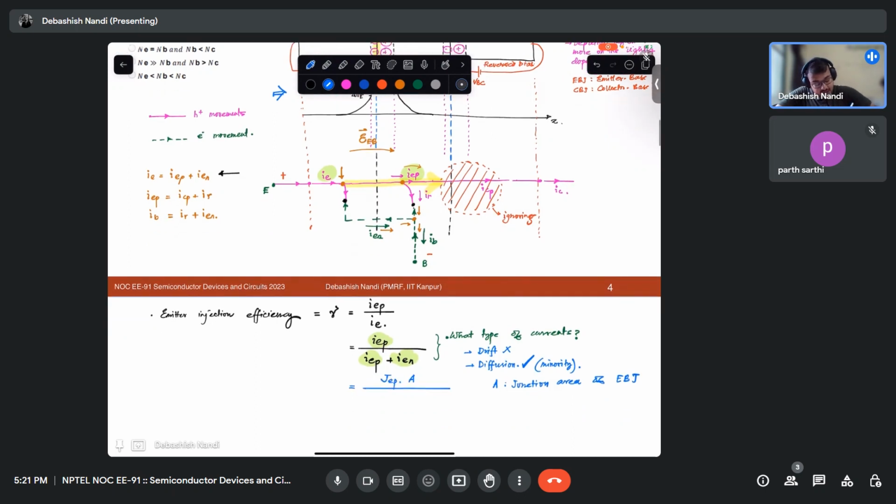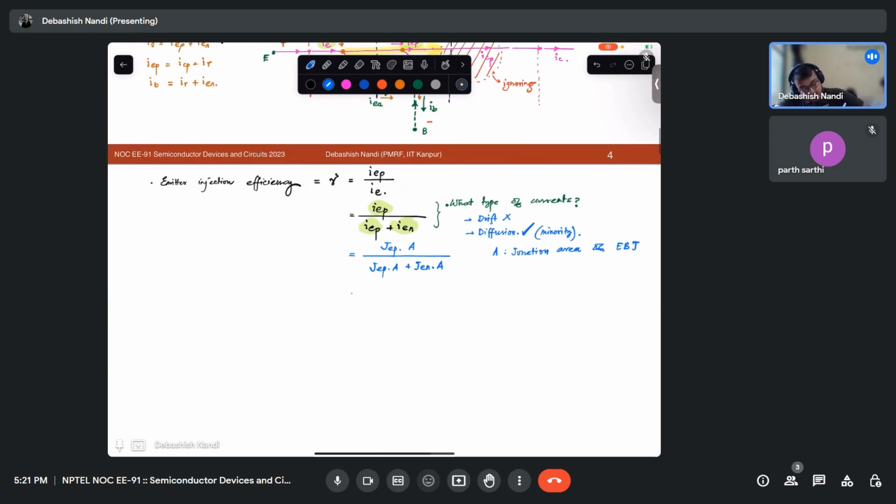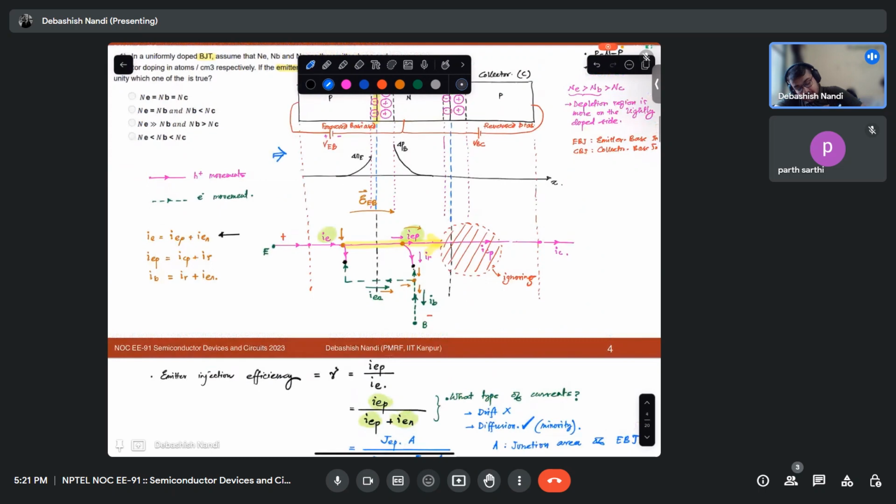So what will be your I_EP? It will be J_EP times A plus J_EN times A. Fine, so A will get cancelled. What is J_EP? It is due to diffusion. So it will be q times D_P times del P_B over del x. This is del P_B and this is the x direction.